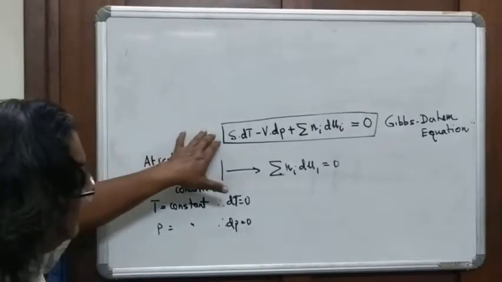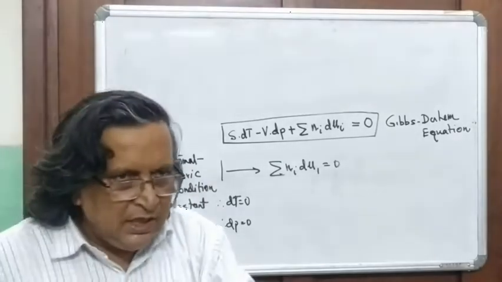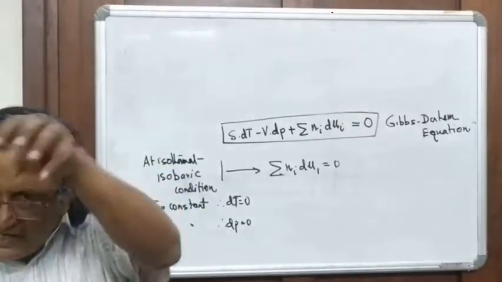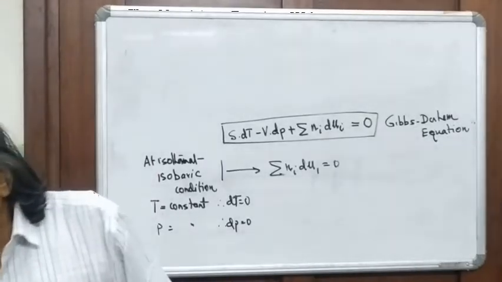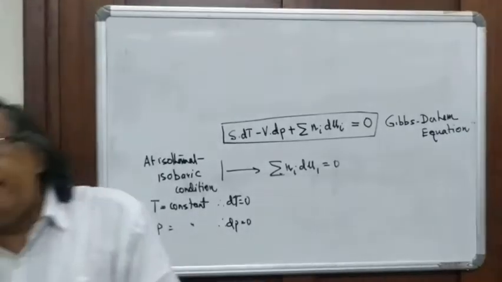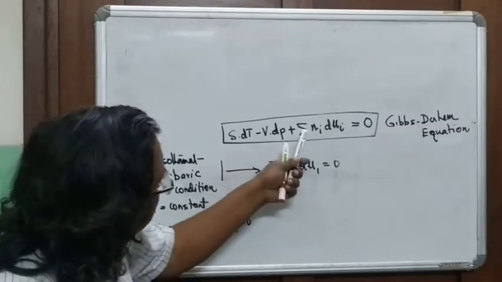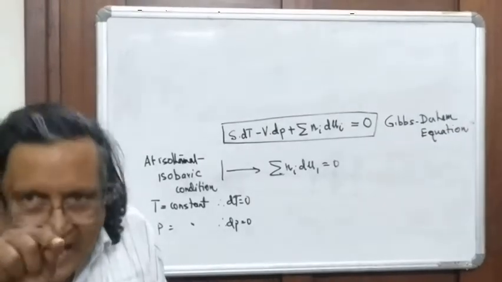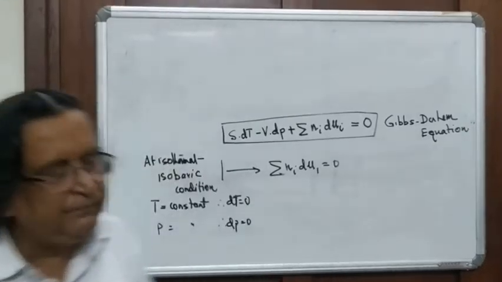The number of variables in a particular phase means the pressure and temperature condition it is subjected to. And the other variables are the mole fractions of the different components, and mole fractions means moles, Ni, the number of moles of different components in the phase, and the free energies of those components in the phase.